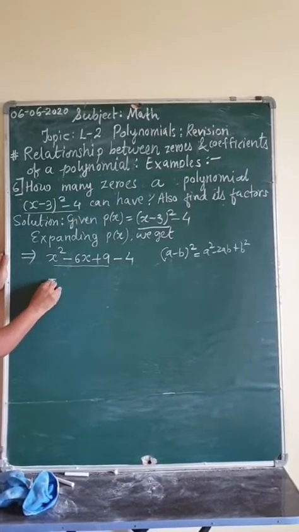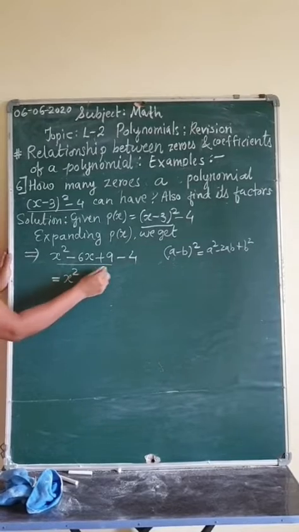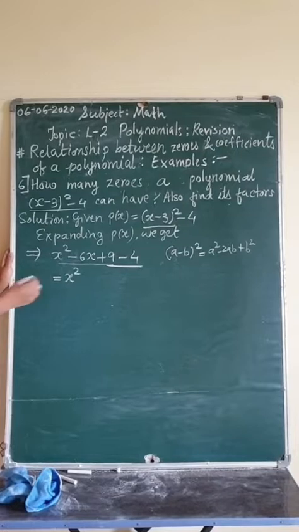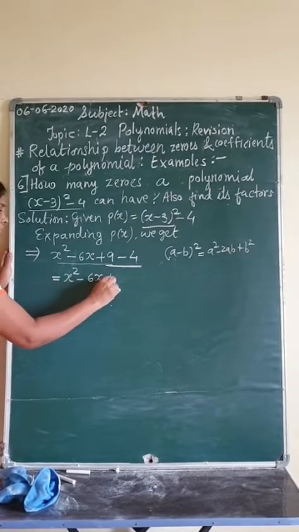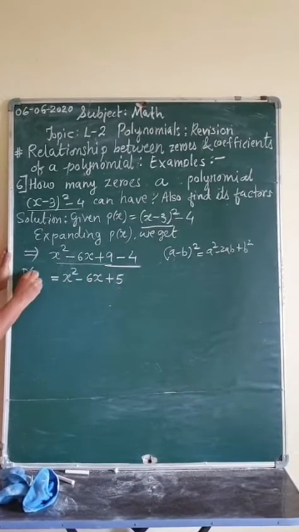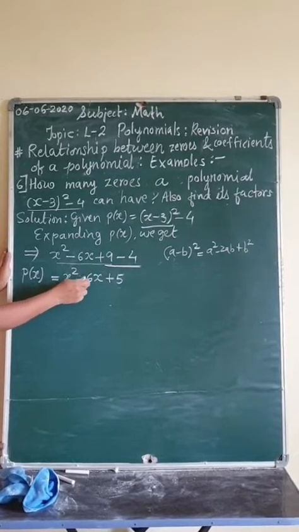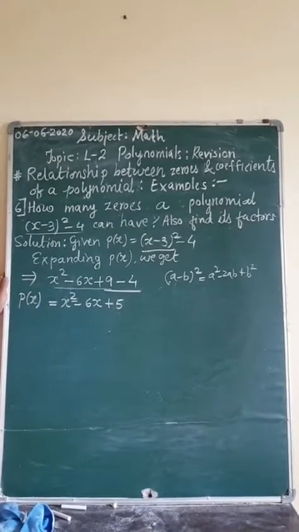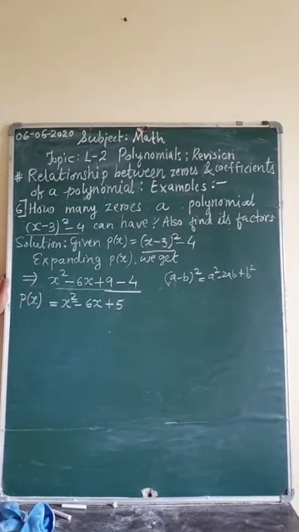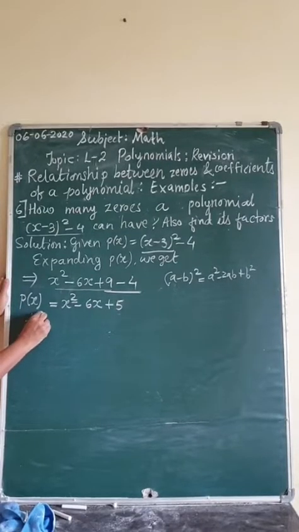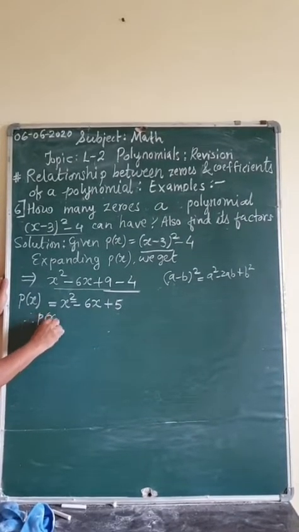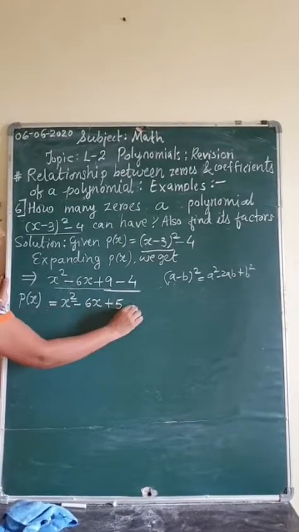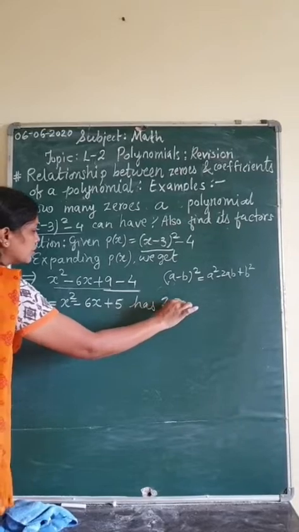This polynomial we get as x square. Now do the operation between plus 9 and minus 4, that gives us plus 5. So this is how we get the polynomial by expanding as x square minus 6x plus 5. And here we have the highest power of x as 2. And that's why how many zeros does this polynomial have? Therefore, this polynomial p of x has 2 zeros.